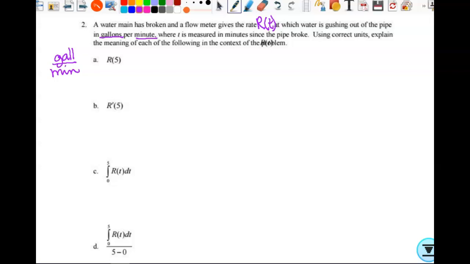Okay, so if you write something down for your explanation, I'm going to write mine down, and you don't have to erase yours and copy mine. If your words aren't exactly like mine, it's fine. Might be better.